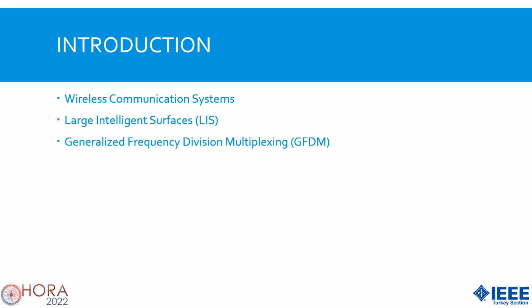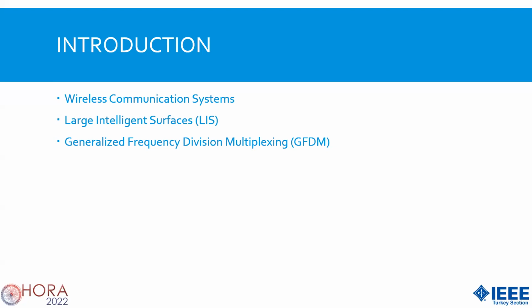On the other hand, if we look at the GFDM side, the latest wireless communication systems favor multi-carrier transmission because of its proven advantages over traditional single carrier communications in multipath fading channels.